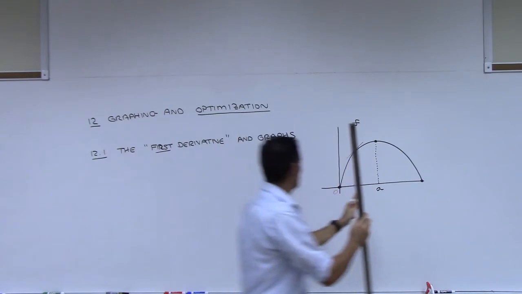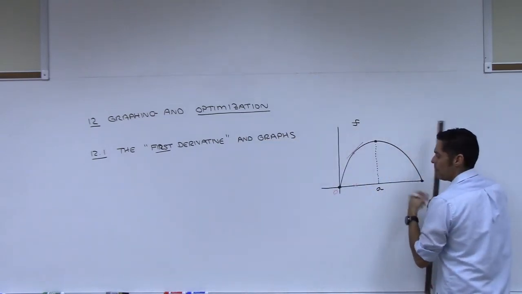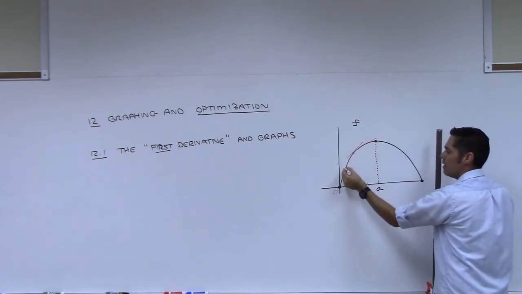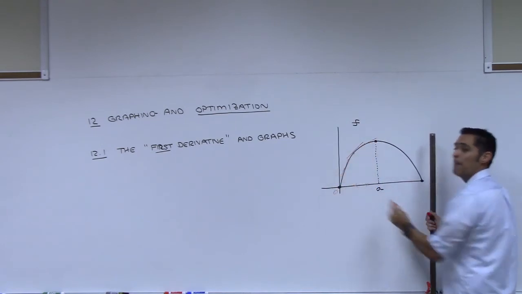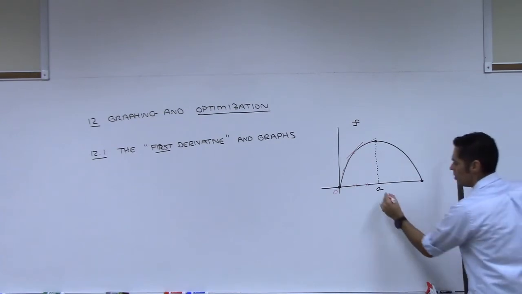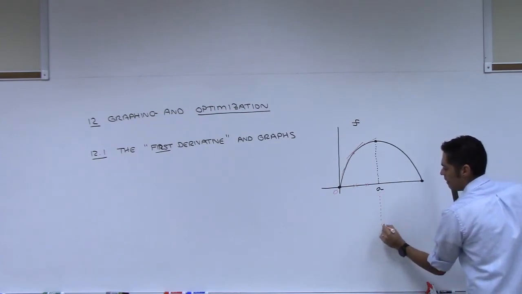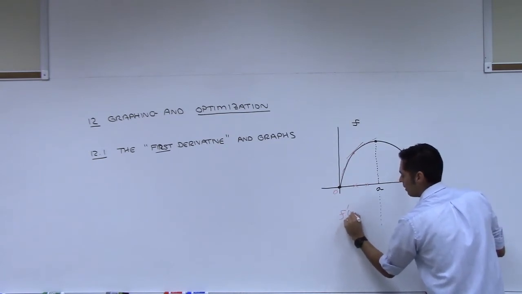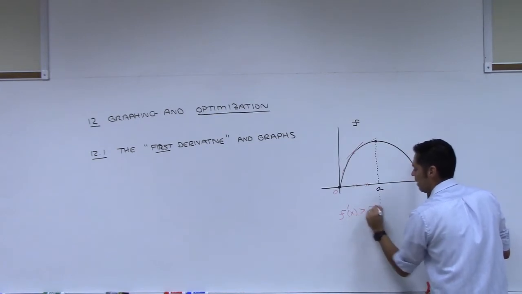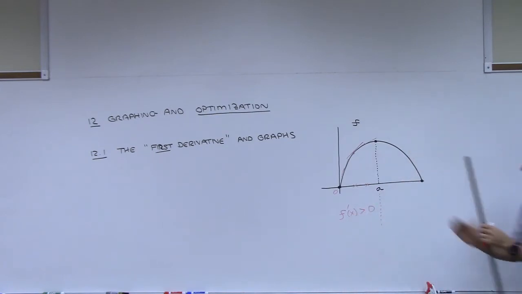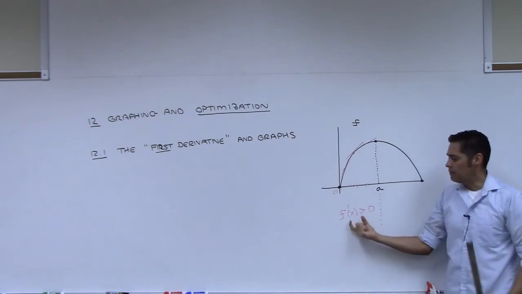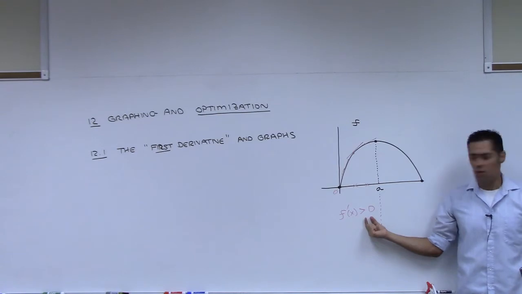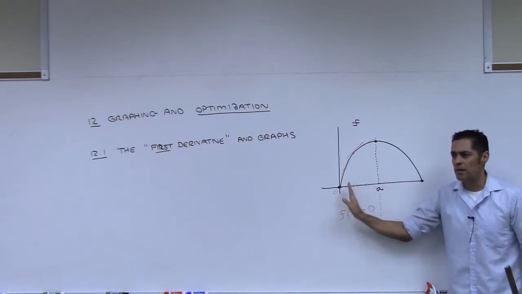So as long as I'm to the left of A, do you agree that the slope of the tangent line at any of these points would be positive? Yes? So just below this, I'm going to draw a little dotted line and put f prime of x greater than 0, and that means positive. So anywhere to the left of A, my derivative is greater than 0. Agreed?